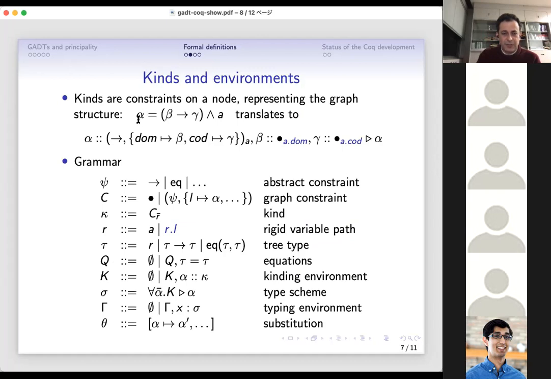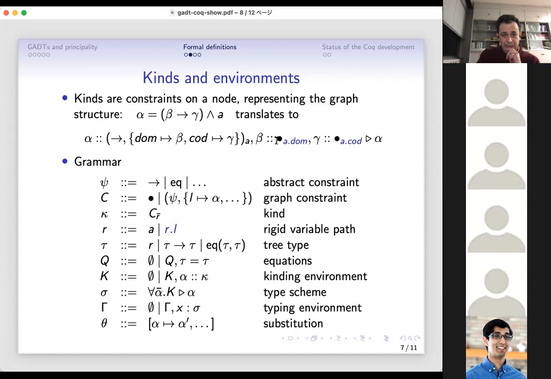So the node alpha, which corresponds to the structure of ambivalent types beta arrow gamma and rigid type variable A. We're encoding it as alpha in the context of this kinding environment, where alpha is associated with the kind which represents an arrow type, with domain beta, codomain gamma, and annotated with the rigid variable A to denote the ambivalence.